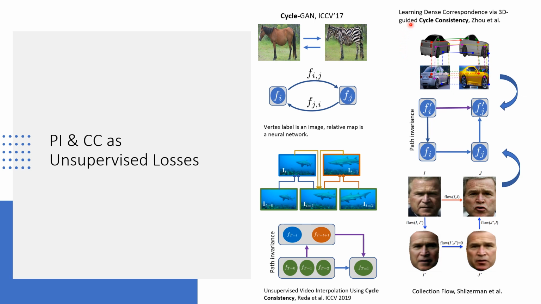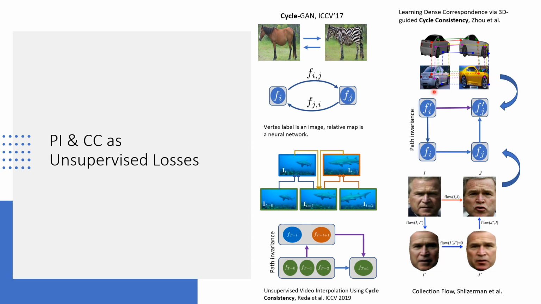But here on the right side, in learning dense correspondences via 3D guided cycle consistency, the task is to consistently find correspondences across images. To do so, there's an intermediate supervision, an unsupervised one rather, or let's say weakly supervised: from the real image we go to the synthetic version, then map between the synthetic views of two images, and then come back to the image in another viewpoint or domain, and so on.